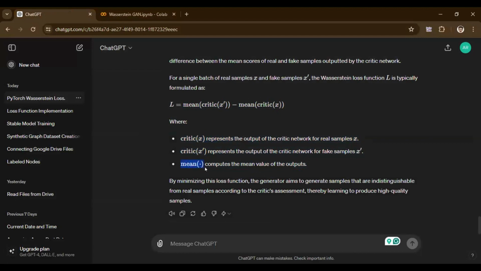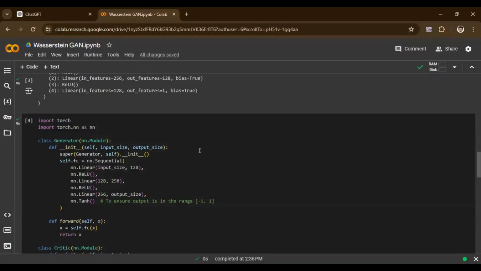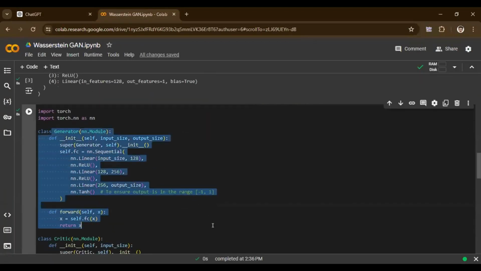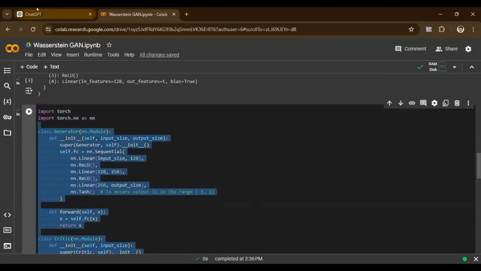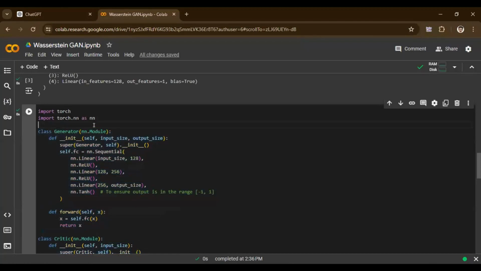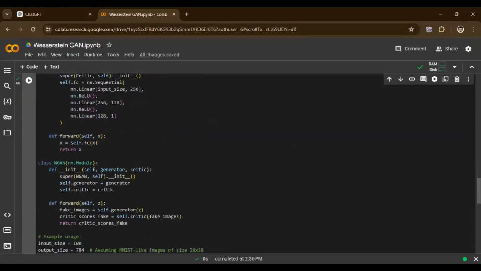And this is the function for calculating the mean value. When minimizing the loss function, the generator aims to generate samples that are indistinguishable from real samples according to the critic's assessment, thereby learning to produce high quality samples. So the generator will generate some fake data, and the critic will differentiate between the real data and fake data, so it can create better fake data for the training.